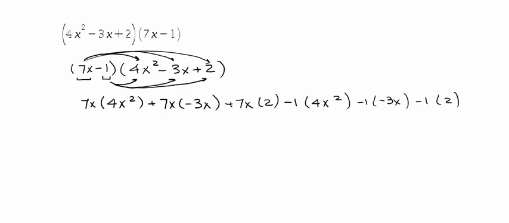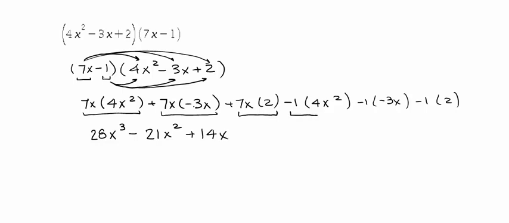So now I go ahead and I simplify. So I have 4 times 7 is positive 28x cubed, minus 3 times 7 is 21x squared. This one is plus 14x. Then I have a minus 4x squared.